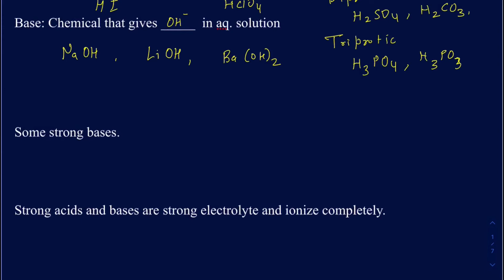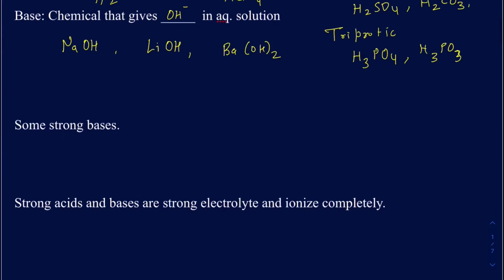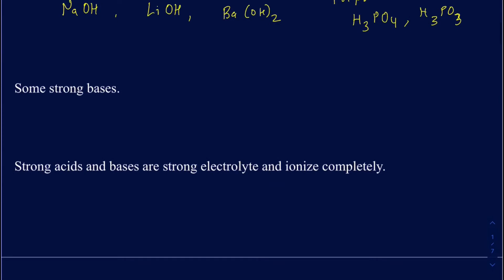You also want to know some of the strong bases in this list, and in shorthand form I can just write MOH, where M is any alkali metal. And where are the alkali metals? They are the first group metals, so I'm talking about lithium, sodium, potassium, rubidium, cesium, and francium.